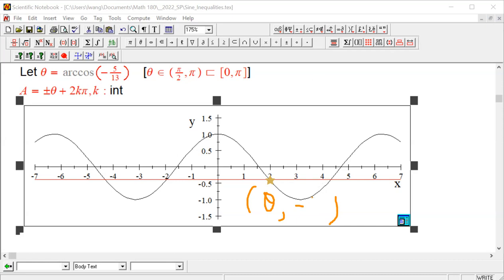I should use red. I need to be specific, so we can have consistency. So this is -5/13. And what is -5/13? This is -5/13, this height. And what is the orange? The orange is this much.